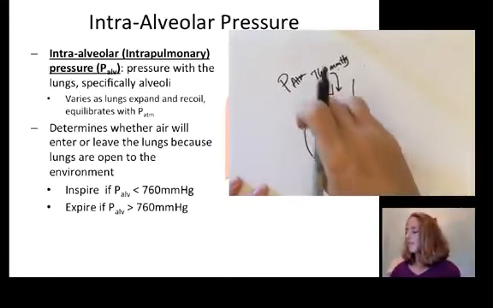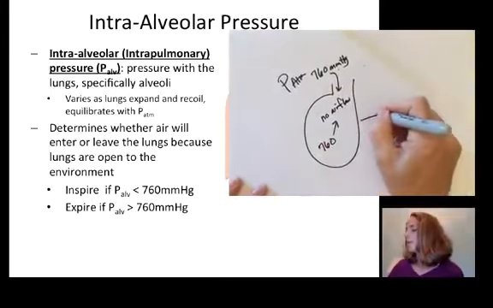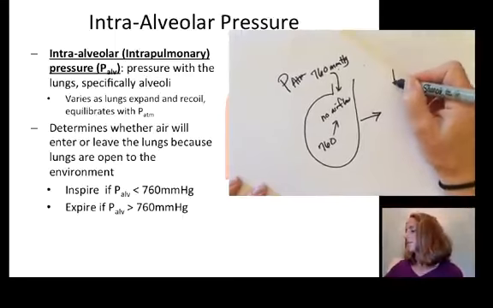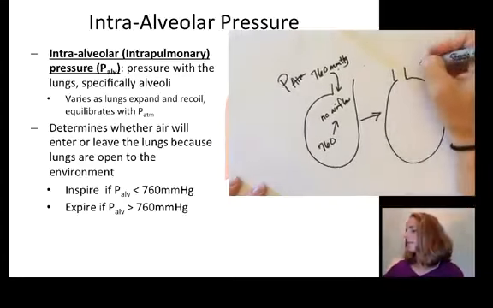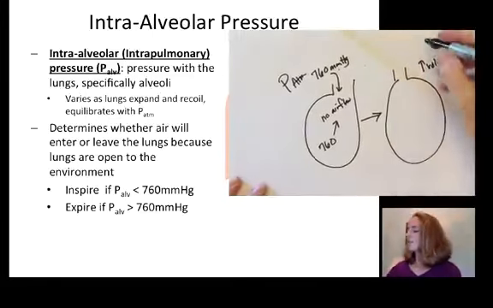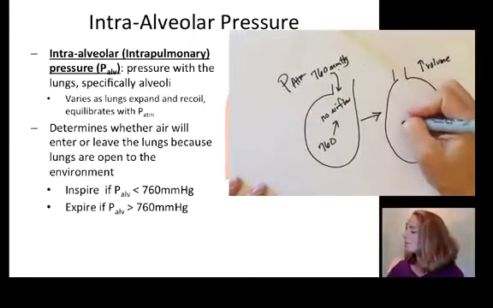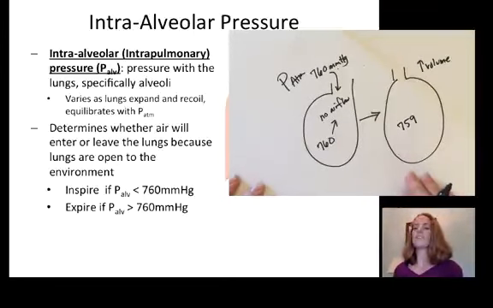Now let's say from this neutral position, we now contract the diaphragm and the external intercostals, and we expand the chest cavity. So we then increase the volume of the chest cavity, and the pressure then drops to, say, 759.